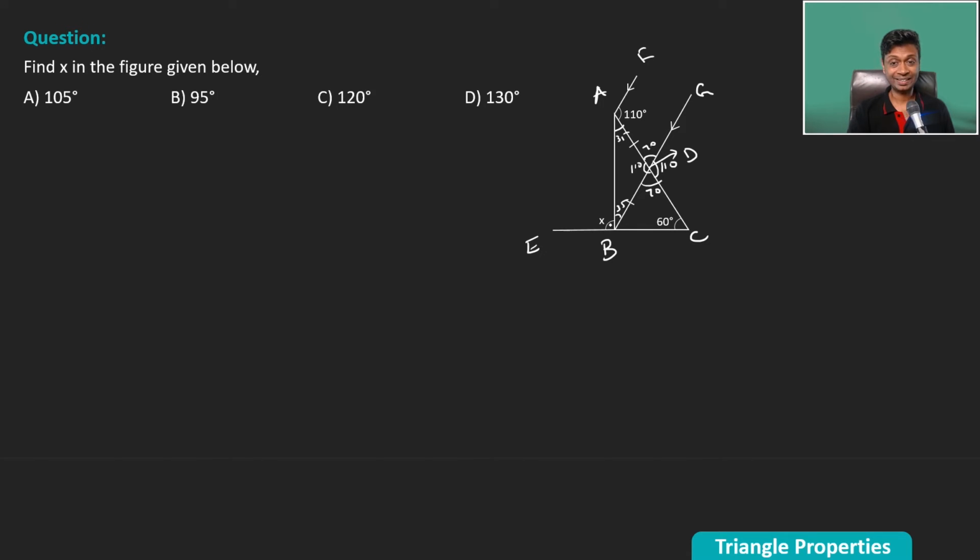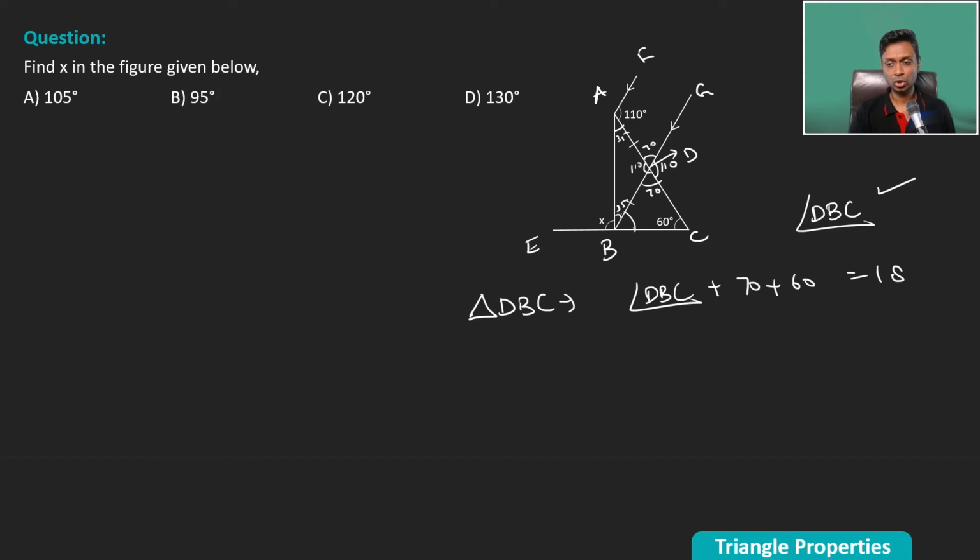So we need to find x here. And this is 35. If we find this angle, angle DBC, we are through, because then we can say this plus 35 plus x is 180. How do we find angle DBC? Take triangle DBC. The three angles are angle DBC plus 70 plus 60 equal to 180.